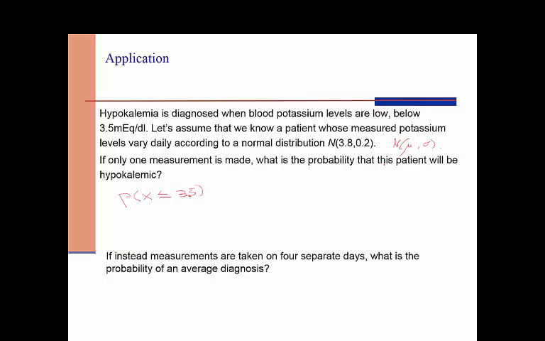Think about what we've learned so far. While you're thinking about that, for the second part it says, if instead the measurements are taken on 4 separate days, what is the probability of an average diagnosis? Here we're talking about the average, so right away you know we're trying to find the probability of x bar being less than or equal to 3.5.